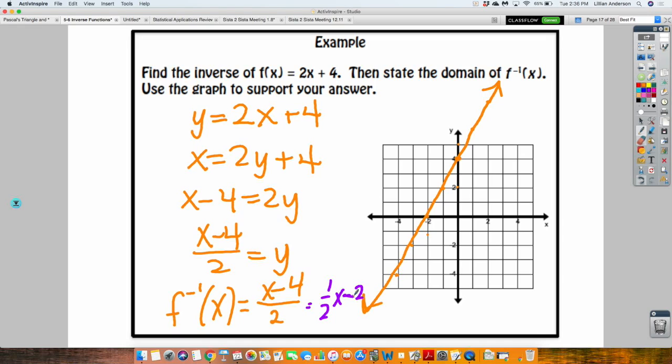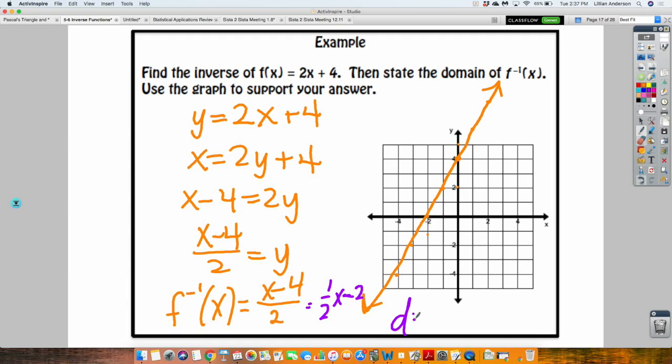Now, if that's the inverse function, what is its domain? Negative infinity to infinity. Because what does this look like? Just a line, right?